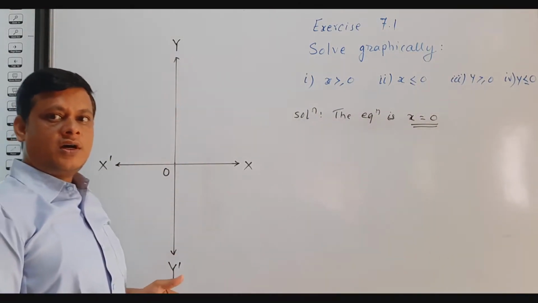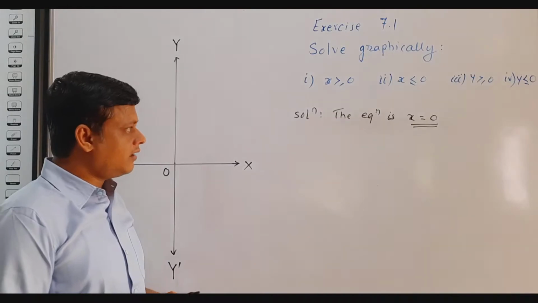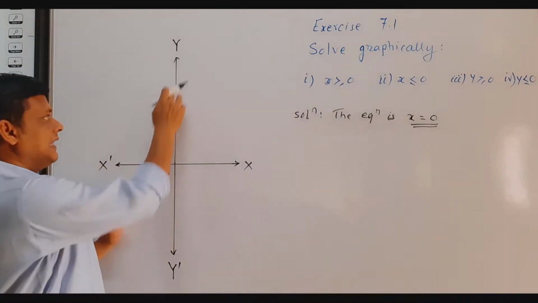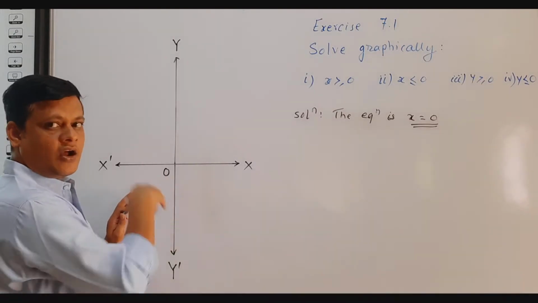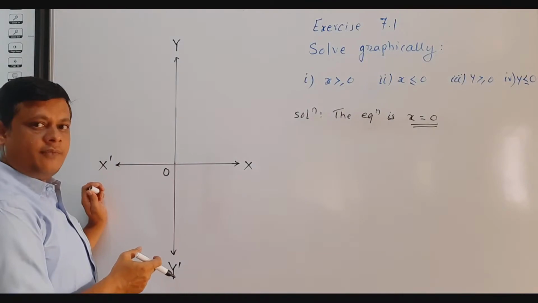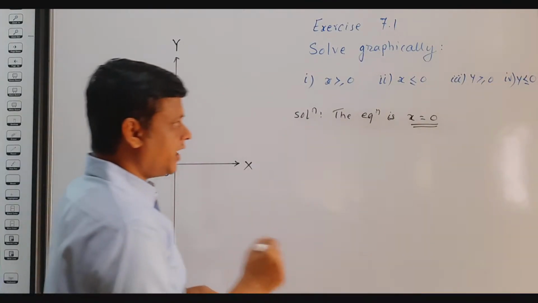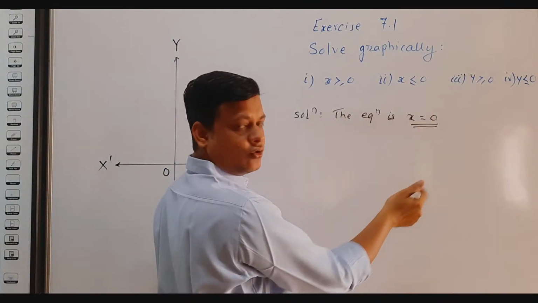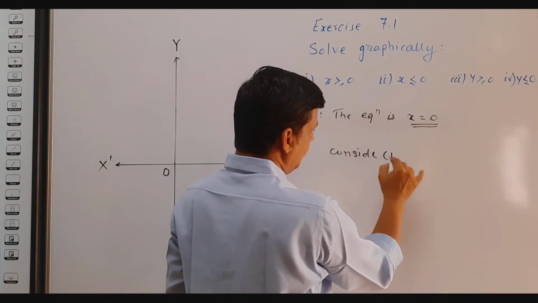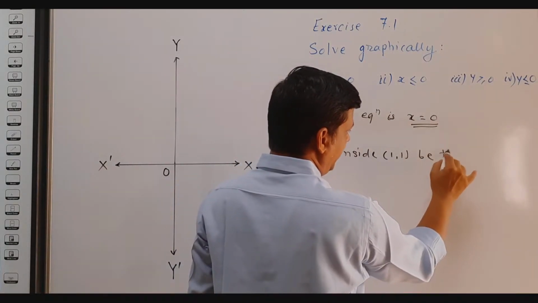Now we have to write a solution. For that we have to check whether the solution lies on this line, or on the right side of that line, or the left side of that line. For that we have to take a point other than 0. So we consider the point (1, 1).